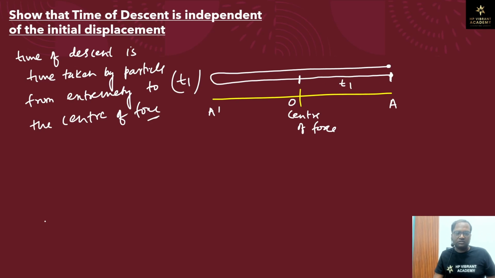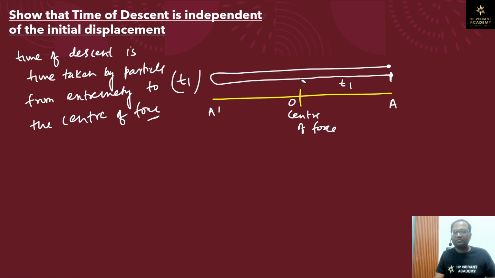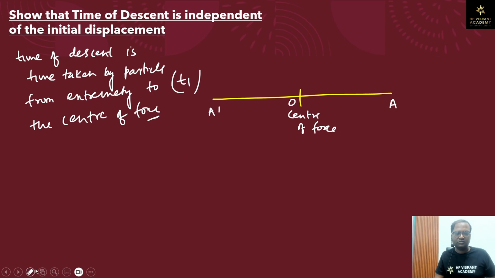So T1 is the total time taken by the particle to reach from A to O. And we have the motion like this.